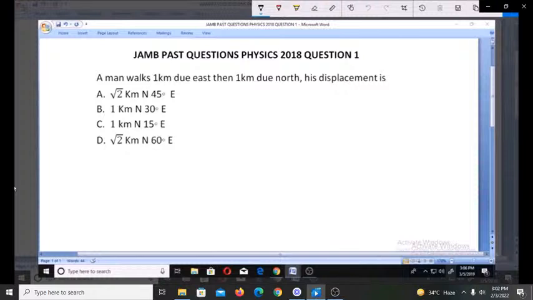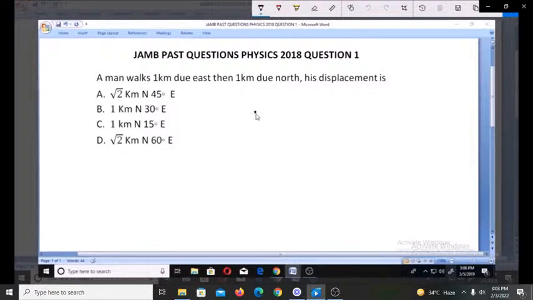So how do we go about solving this? Now, for us to be able to solve this, we need to first of all identify where the man is walking from, because from the question we have a man walks 1 kilometer due east.